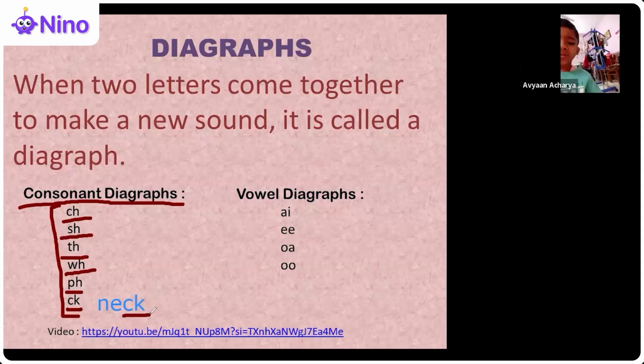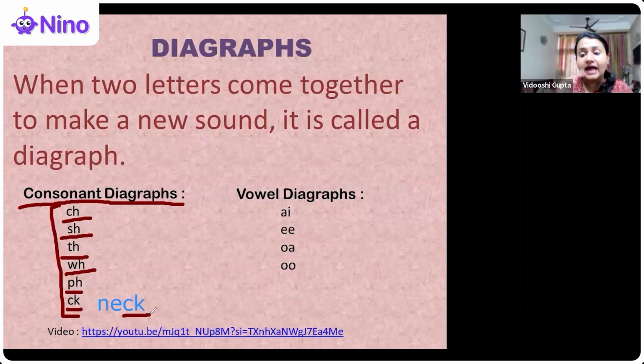Yes, correct. So those are vowel digraphs, and we are coming to that next. Both E and A are vowels. So when two vowels come together, they can also make a new sound, and that is called a vowel digraph.